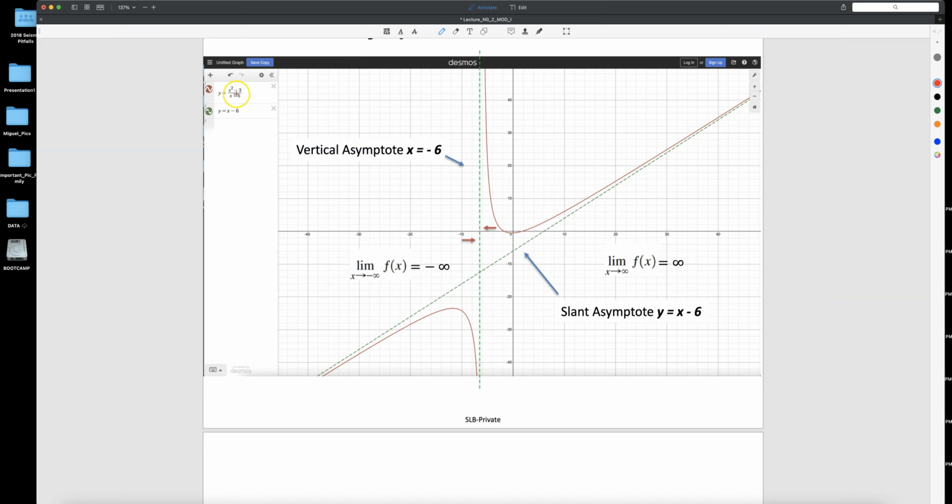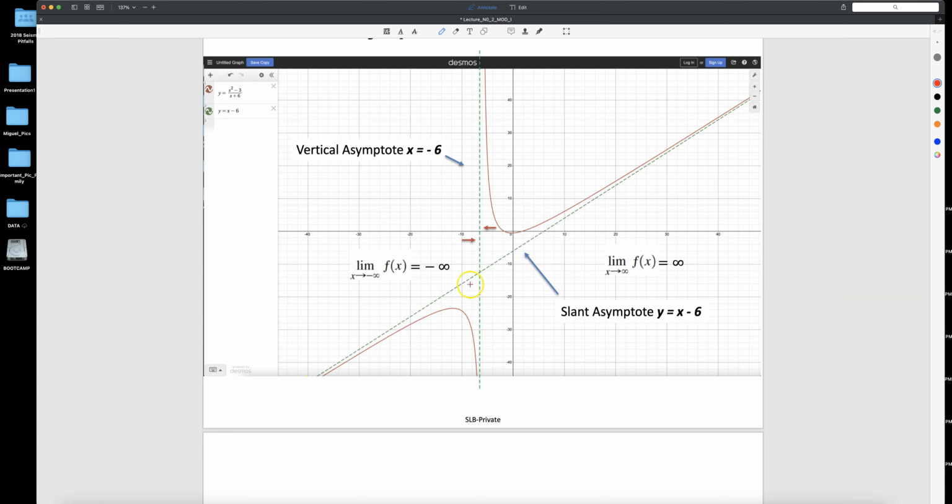Okay? So in that case, the limit at infinity is going to be infinity, and the limit at negative infinity is going to be negative infinity, but it's going to be bounded by some specific linear function, and you need to describe that linear function.